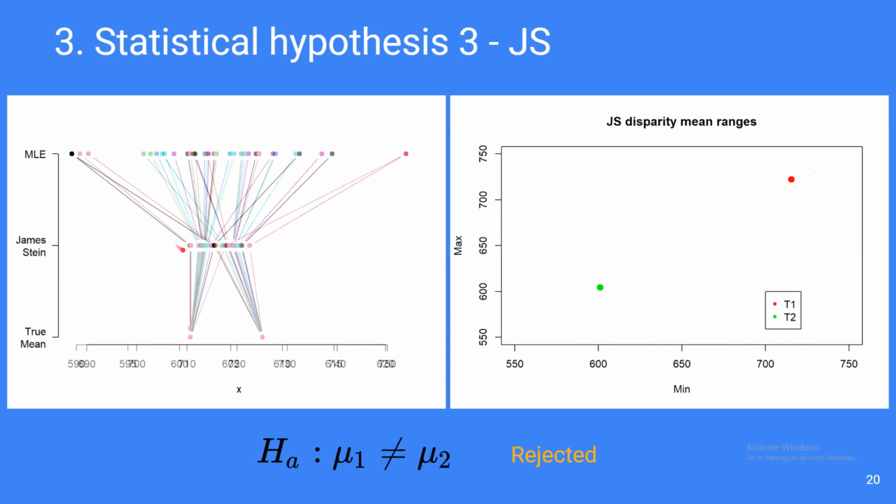So we see again the ranges over here of the James-Stein, and there's some overlap. Within this range, the means are equal or similar, and out of this range, the means are different. So we plot these ranges for the James-Stein, and we see that between time frame 2 and time frame 1, there's a significant difference, and that suggests that we need to reject the null hypothesis. And we state that the means are different.